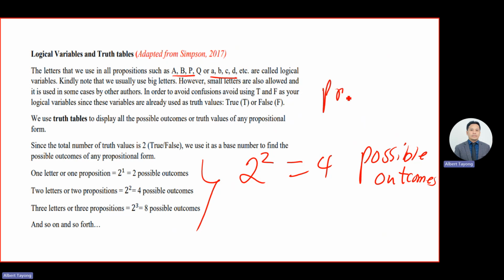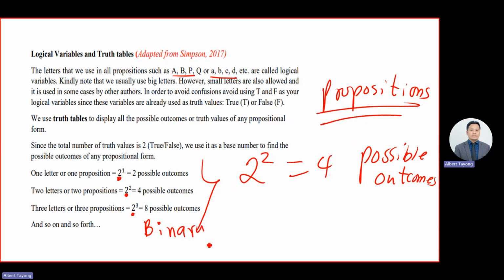These are the propositions I'm talking about. We always use base 2 here, binary, because in every statement or proposition, there are 2 possible outcomes. Either it is true or false.